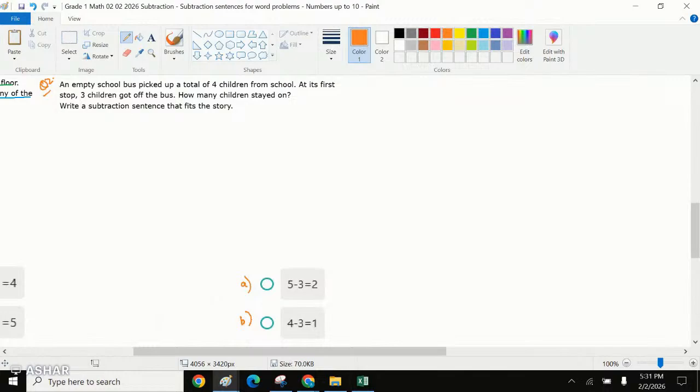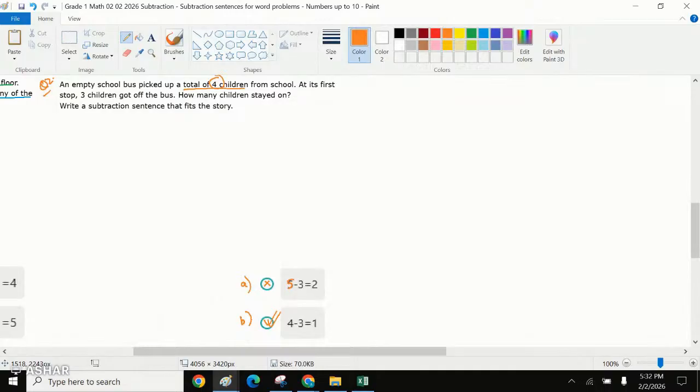Very good. But why can't option A be the answer? Option B is correct. Option A cannot be the answer because the total number of children was 4 and this has a 5, right? That means this is not possible. Option B is the correct answer.